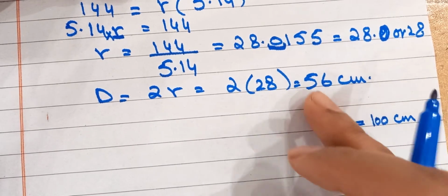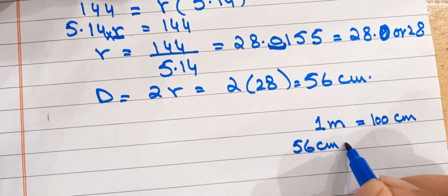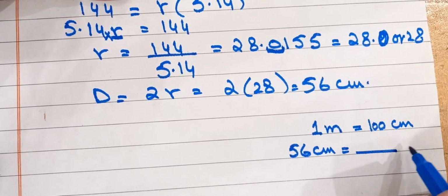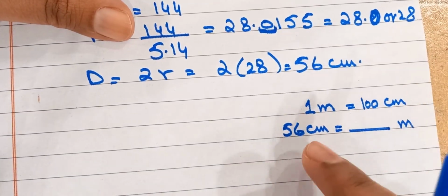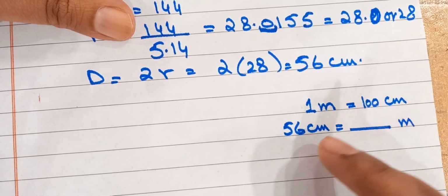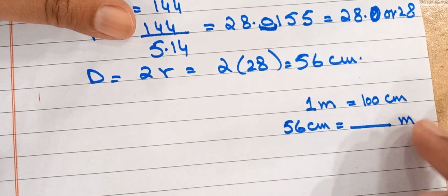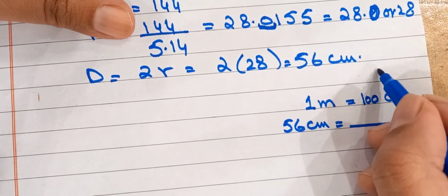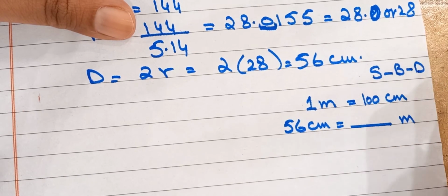Now what I have to do, I have to change 56 centimeter into meters. So I gave you the rule, when centimeter is the smaller unit and meter is a bigger unit, whenever a smaller unit has to be converted into a bigger unit, the rule is small to big divide.